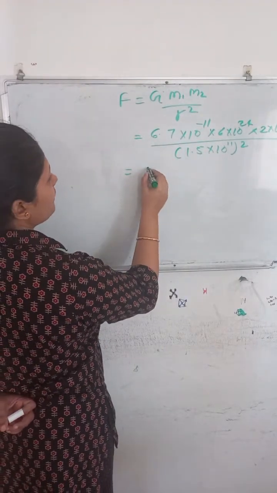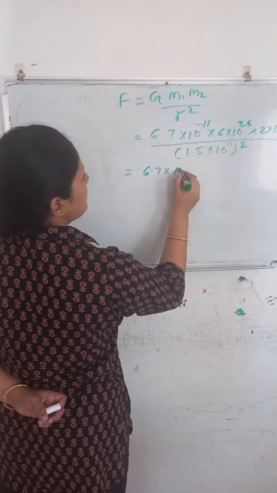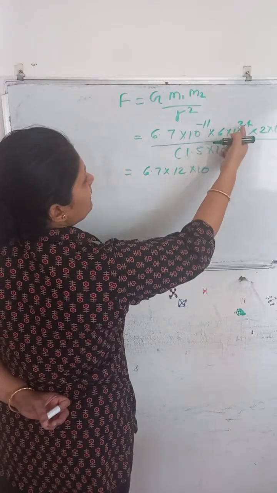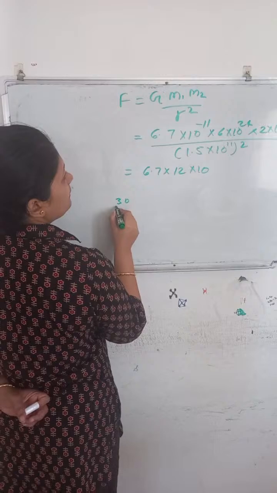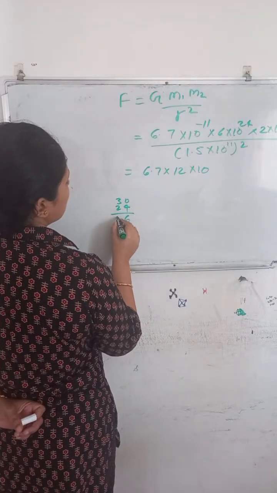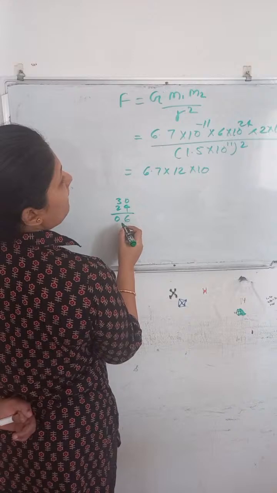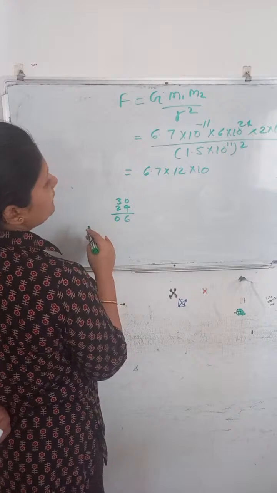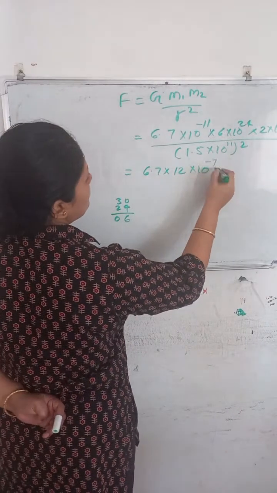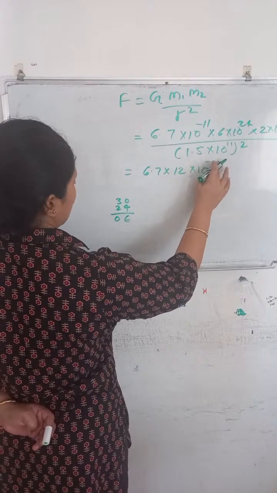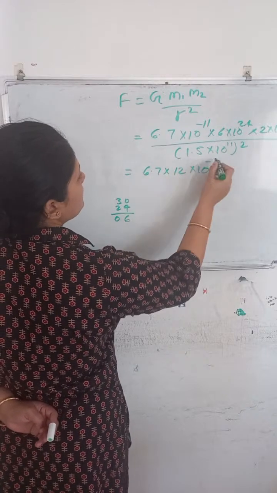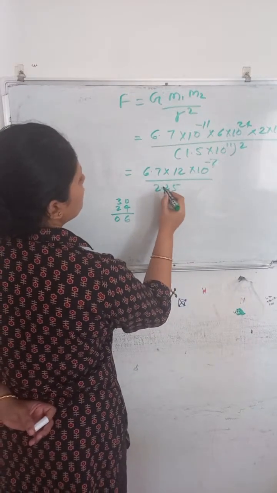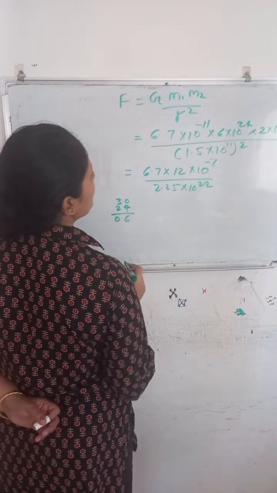So here 6.7, 6 2s are 12, 30 plus 24 is 54, then 54 minus 22, and we have 10 raised to minus 11. 6.7 divided by 2.25 into 10 raised to 22.